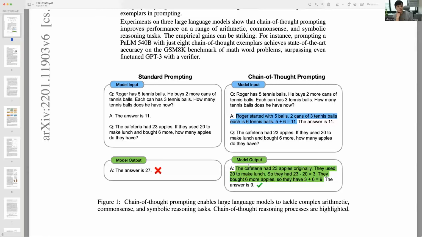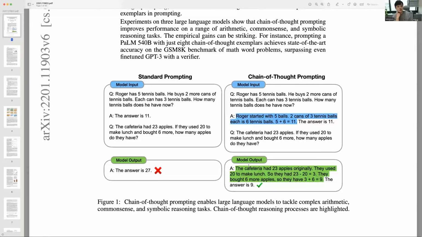People were interested in using language models for tasks like quantitative reasoning. For instance, the question: Roger has 5 tennis balls, he buys 2 more cans, and they want to get the answer, which is 11.